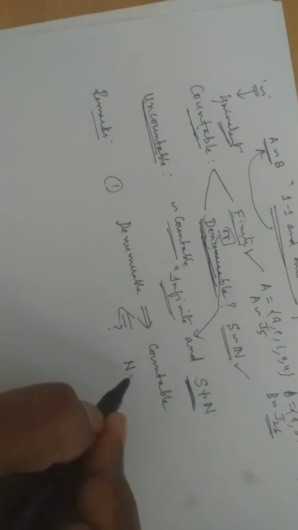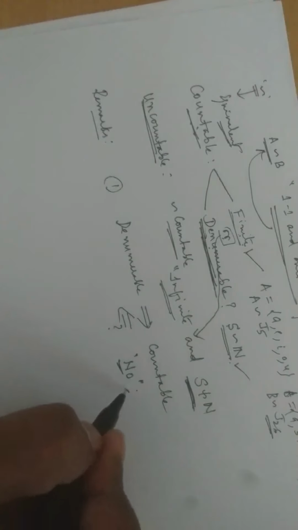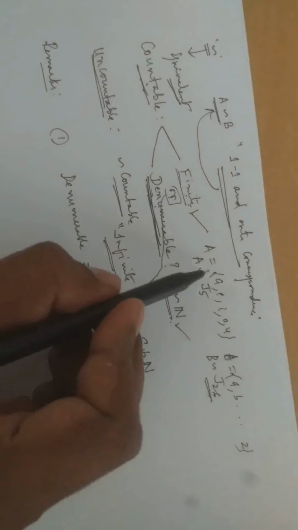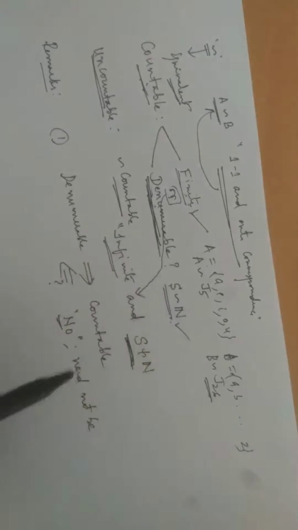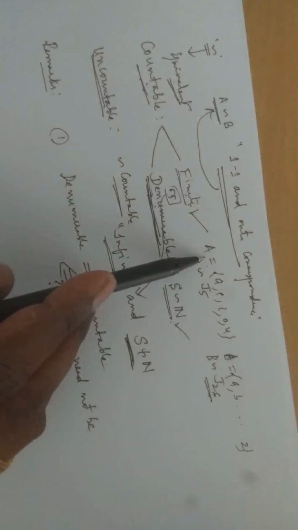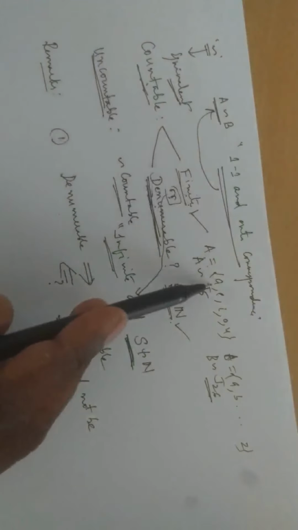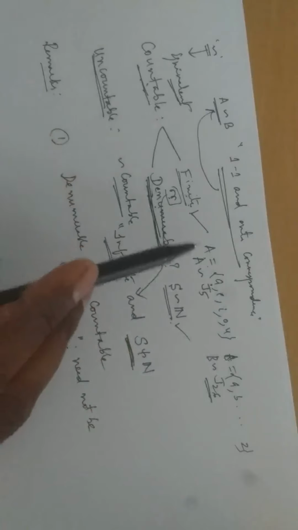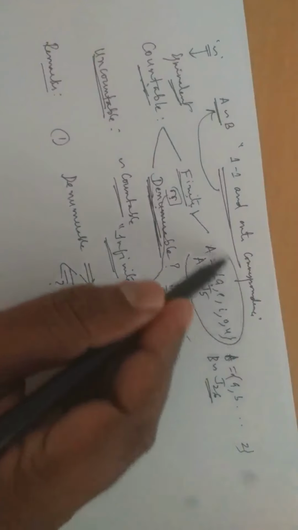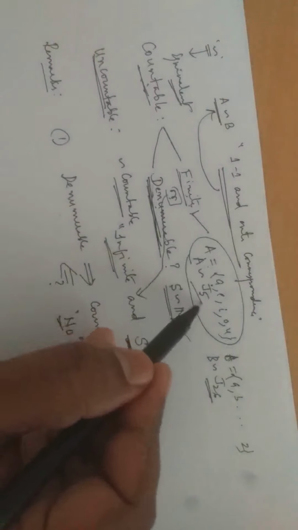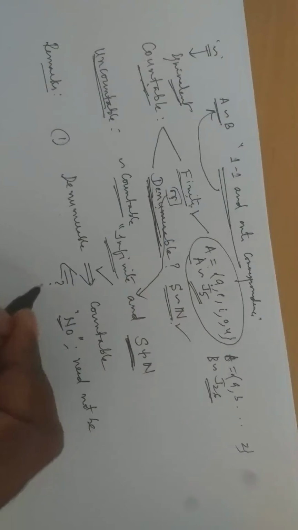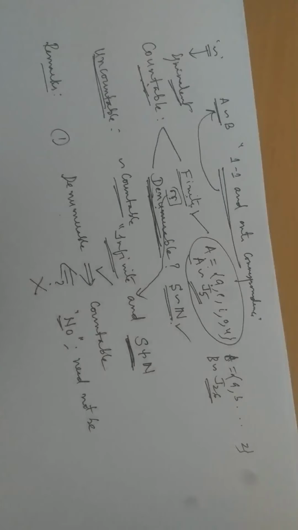No, need not be. Why? For example, let me take this set itself. Whether this set is countable? Yes, because it's finite, so it is countable. If it is countable, whether it is denumerable, that is whether it is equivalent to N? No, it is not equivalent to N, it is equivalent to J5. So denumerable implies countability, whereas countability does not imply denumerability. Is it clear?